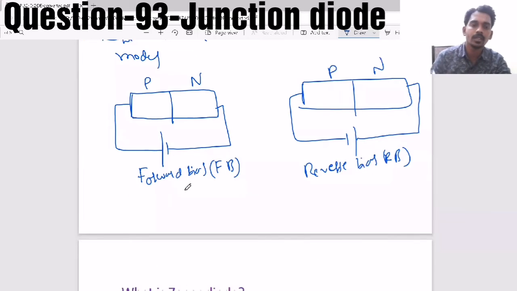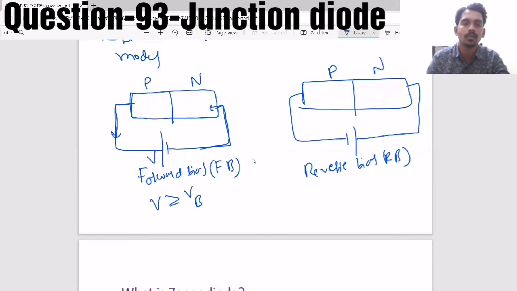And what happens here is, when you connect in forward bias, the voltage of the battery should be greater than or equal to VB, then only it will conduct. One electron is added from here and one electron is removed from there, so that current flow happens when this condition is satisfied.